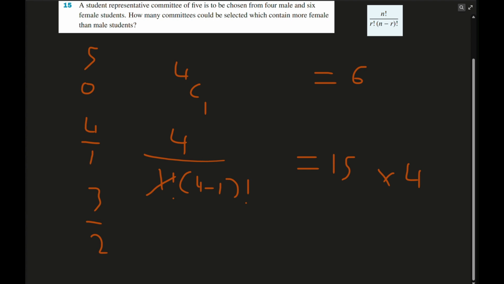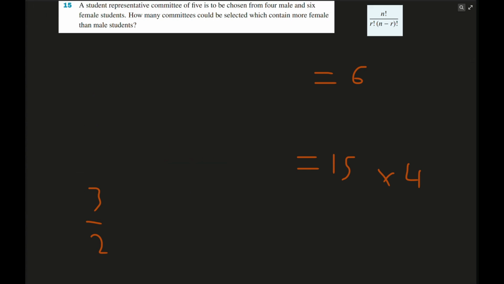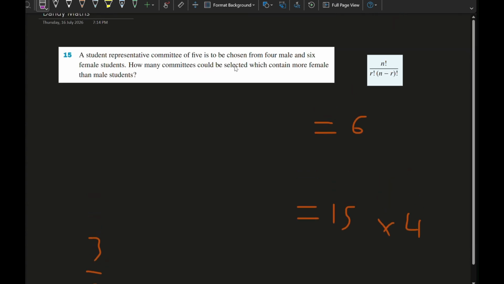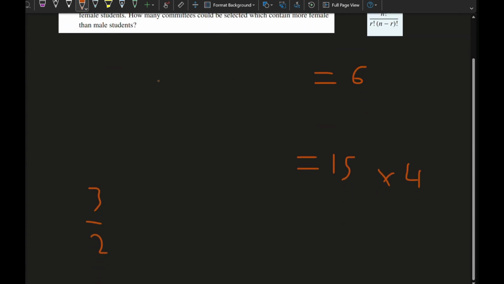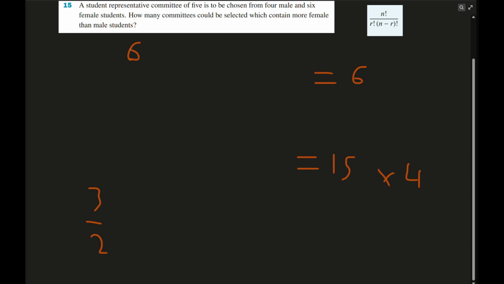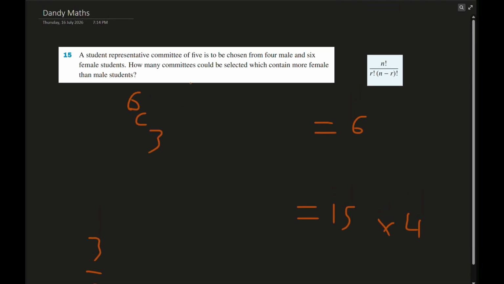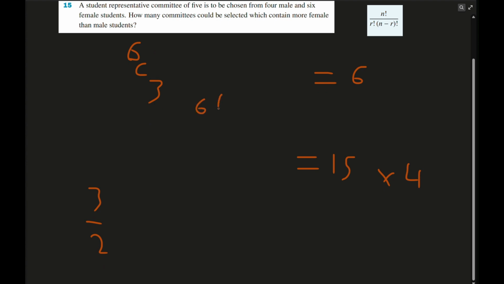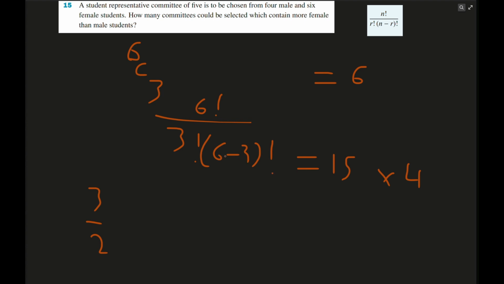Now we need to work out the third way. So in the third way, we still have 6 females. So evaluating 6 choose 3, which is 6 factorial over 3 factorial times (6 minus 3) factorial.